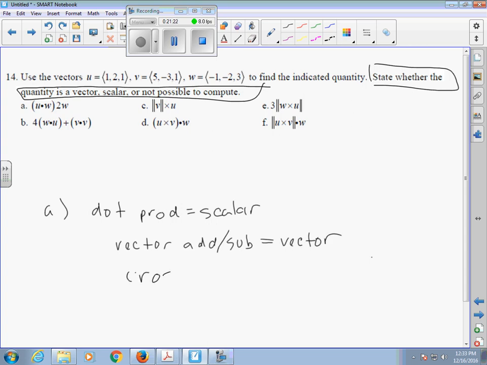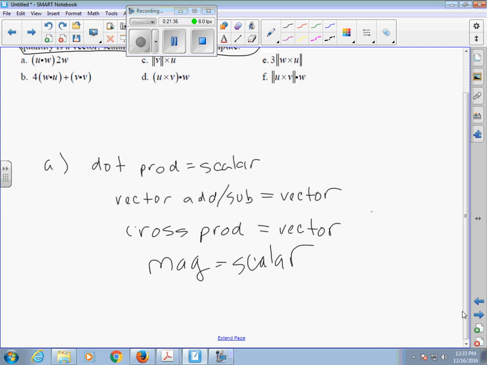The cross product is going to give us a vector. Magnitude is a scalar. And if I scale up a vector, multiplying it by some number, we still get a vector. So it's important to know what your outcomes are for each of these.